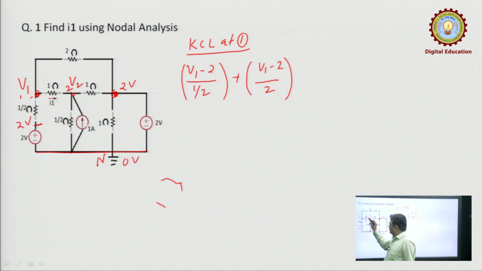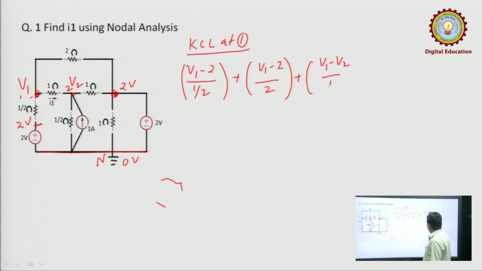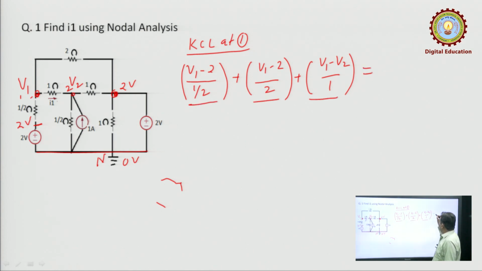V1 minus V2 upon 1. Let us cross-check how many branches are connected with node 1: 1, 2 and 3. The summation of all 3 currents must be 0. So 1, 2, 3 must be equal to 0. This is the KCL equation at node 1.